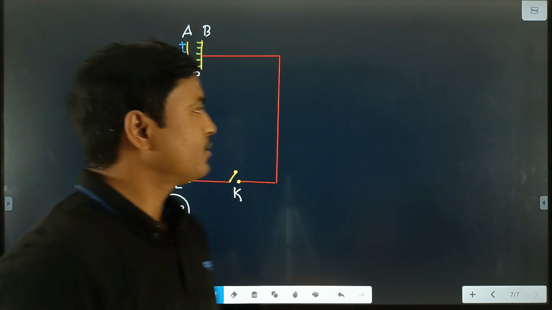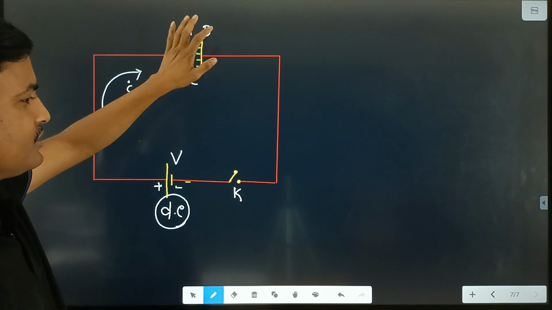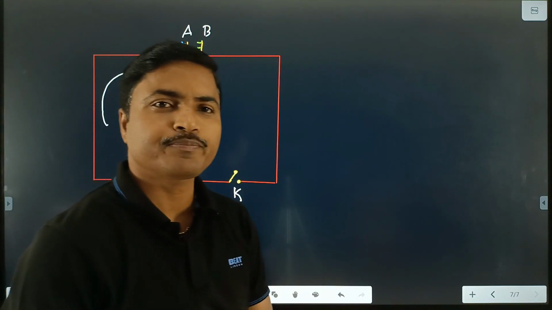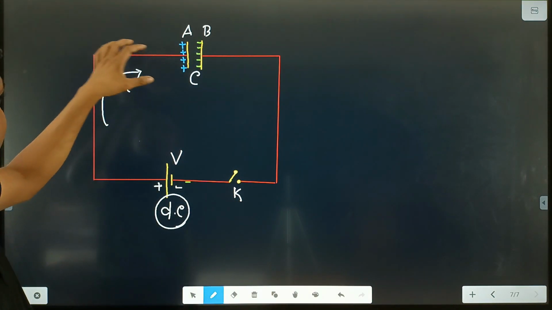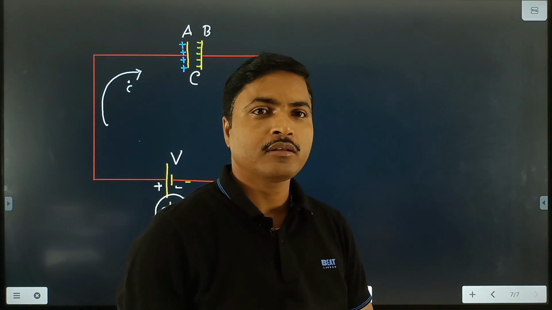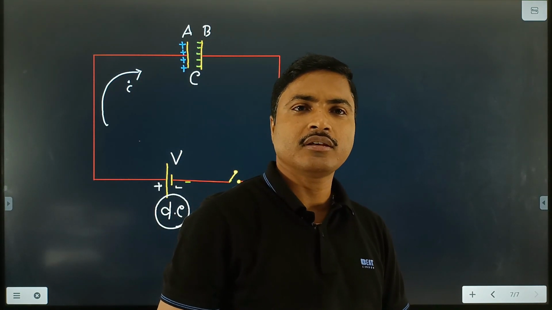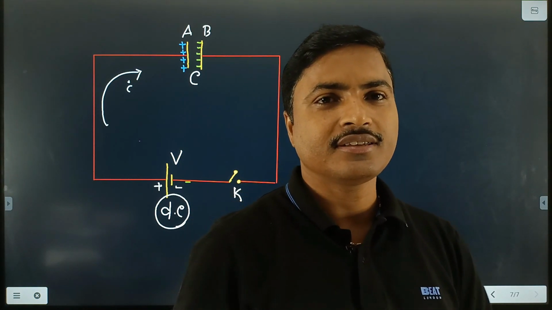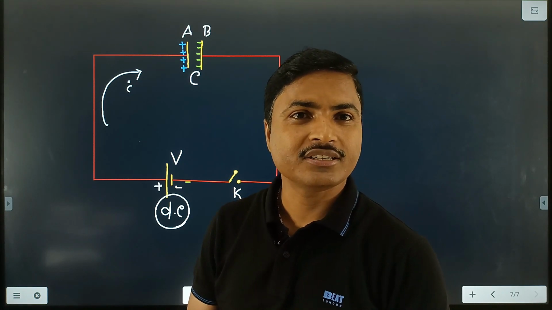But when the capacitor is fully charged, what happened? When the capacitor is fully charged, the total number of electrons moving towards the positive terminal is 0. No charged particles move in the circuit. If the number of charges is 0, that means current is 0.